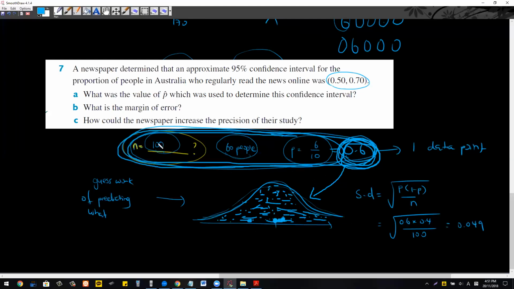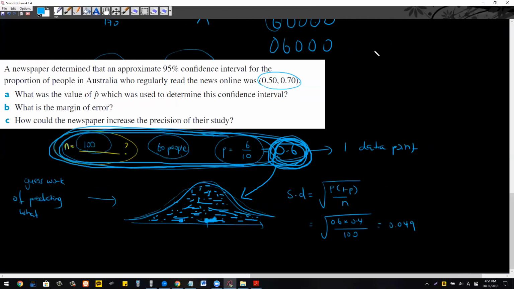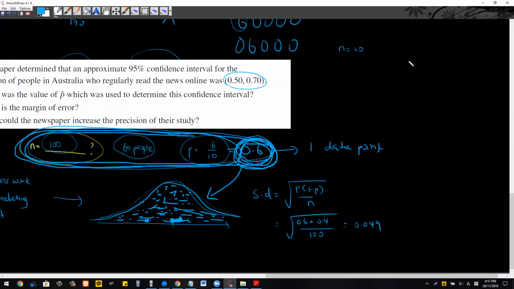Now, imagine this. I asked 100 people, right? What would the distribution look like if I have 1,000 people? For example, if I only ask 10 people, it could be 2 people reading the newspaper. It could be 7, it could be 9, it could be 10 people reading newspaper, right?